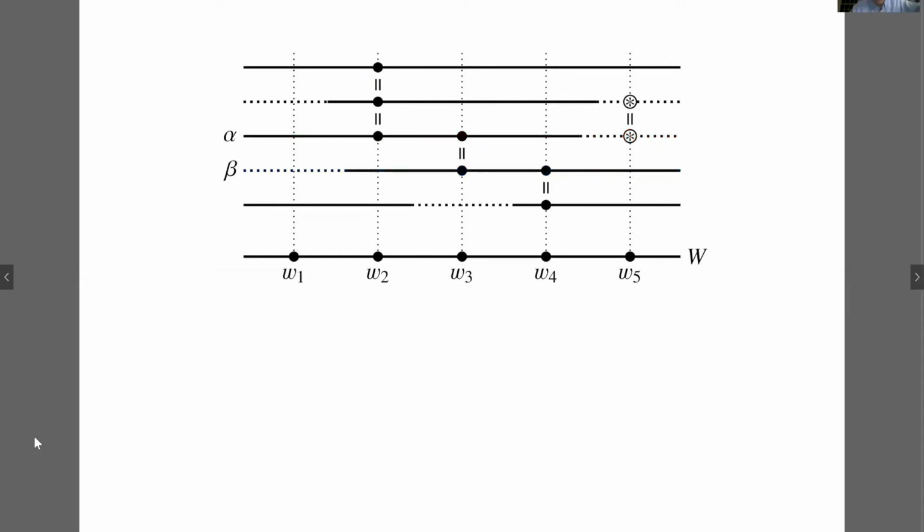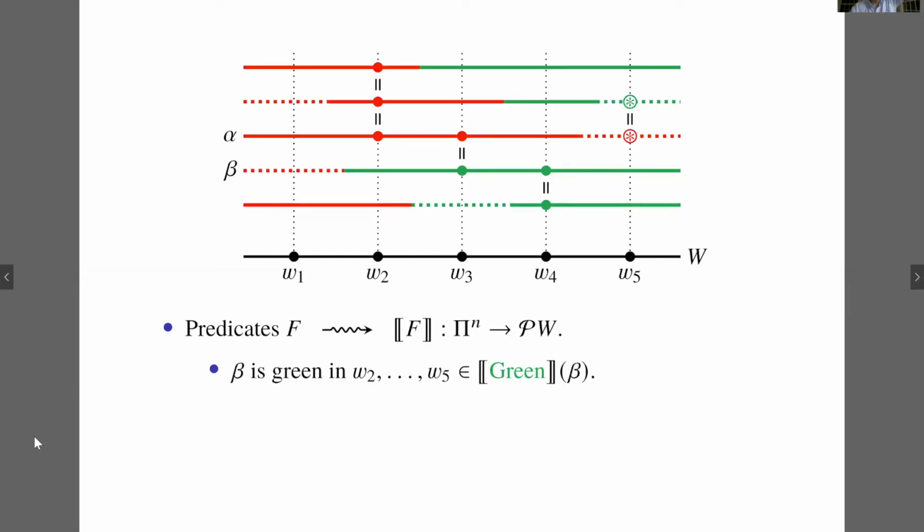Now, predicates are interpreted by assigning to each individual intention the set of worlds in which that intention satisfies the predicate.